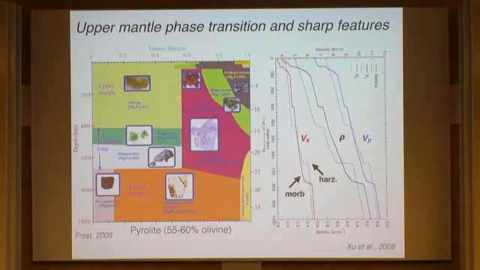In any case, if you look at the seismic properties associated with pyrolite, on the right you can see the seismic profile as a function of depth, and two different systems. The solid line indicates the velocity and density profile for oceanic crust, and the dotted line shows the properties associated with the harzburgite.